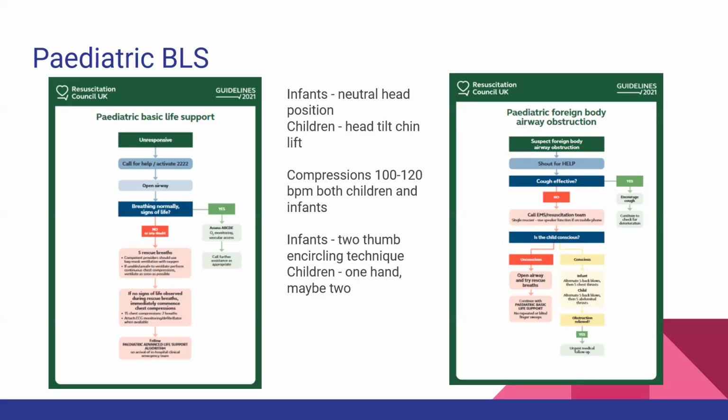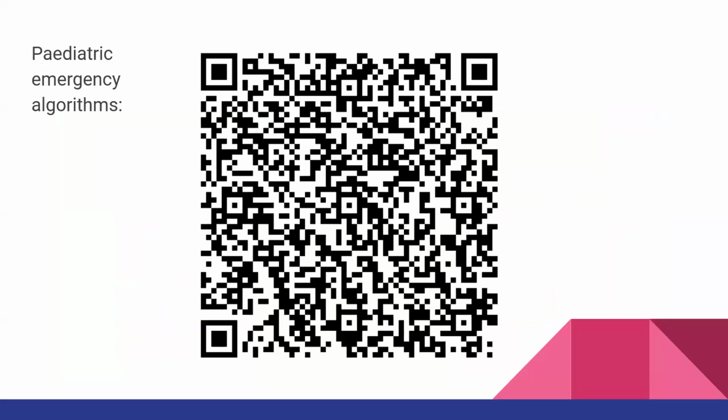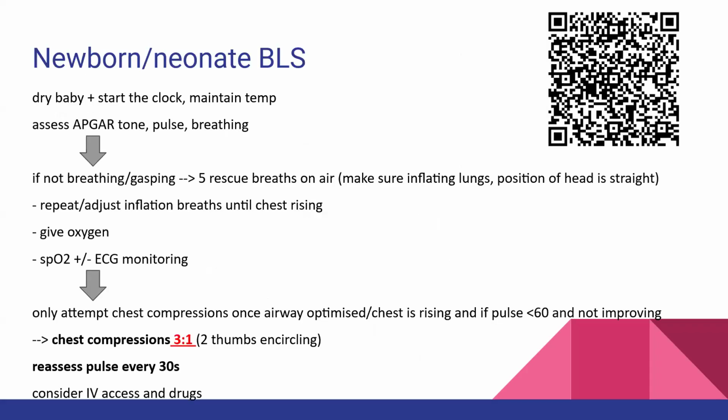These are just some basic algorithms to go through. And this is a QR code for those algorithms, which also go through asthma and everything. It's really helpful. They included neonatal BLS in this presentation. I don't personally think it's that important for us to know at our level.